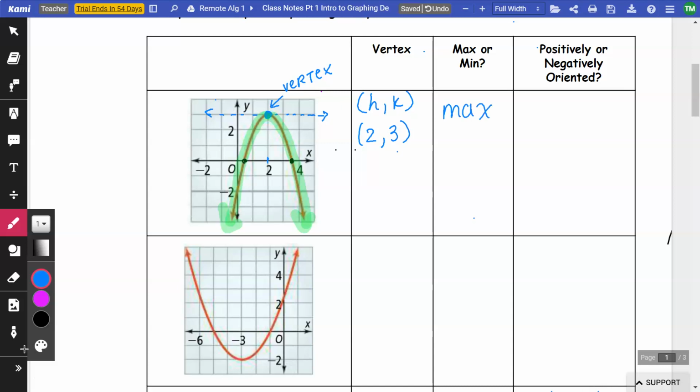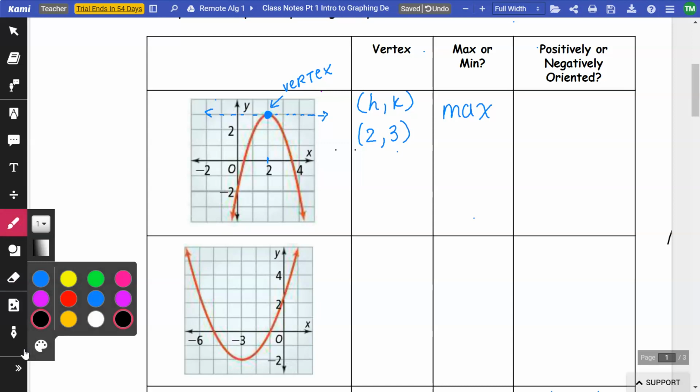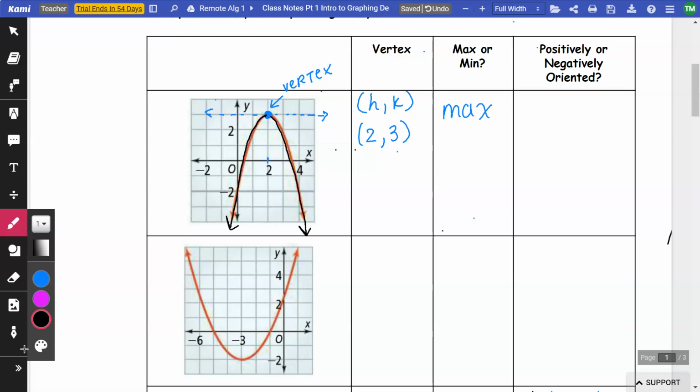Then, is this positively or negatively oriented? This parabola is extending forever in the downward direction, and all of the negative y values are in that same downward direction. So this parabola is facing the negative y values, and we say that this is negatively oriented.